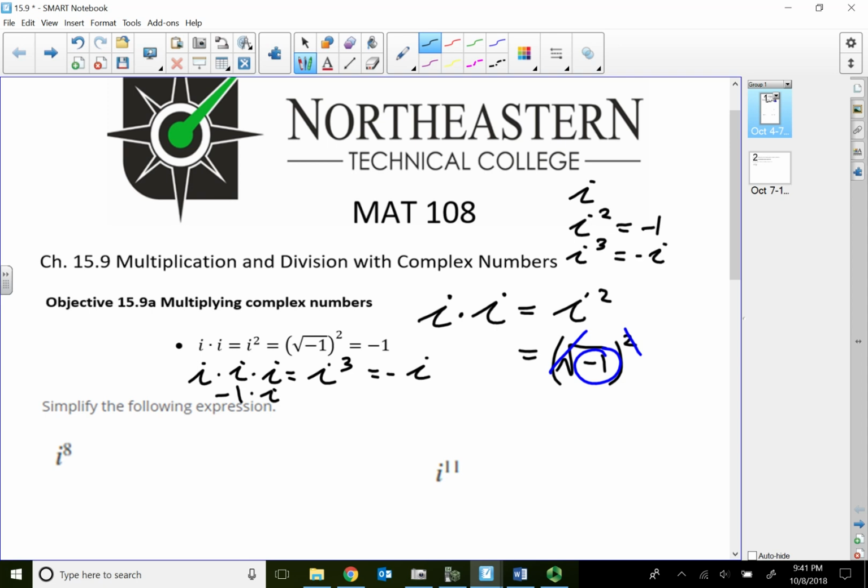What about i to the fourth? The first two, i times i, is i squared, which is -1, times another -1. Now they are real numbers, so I can multiply them to say that's a +1.